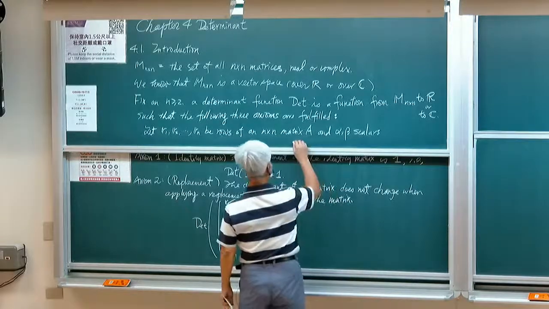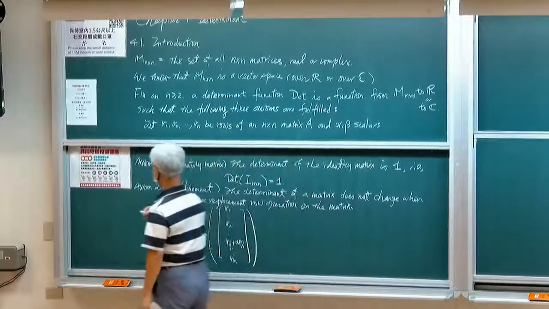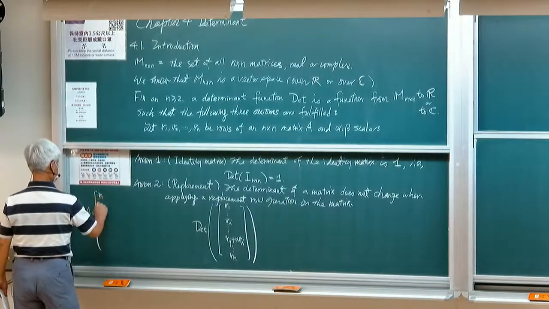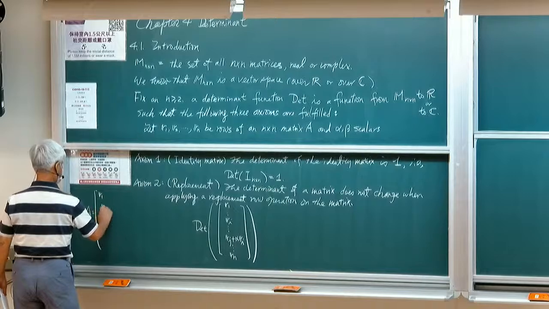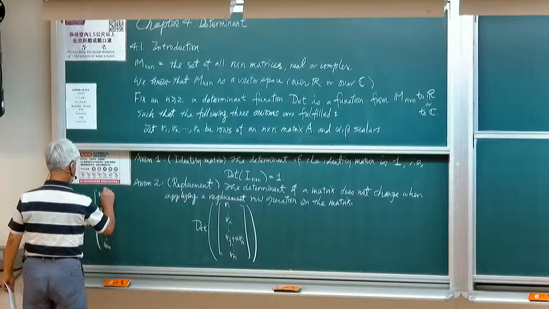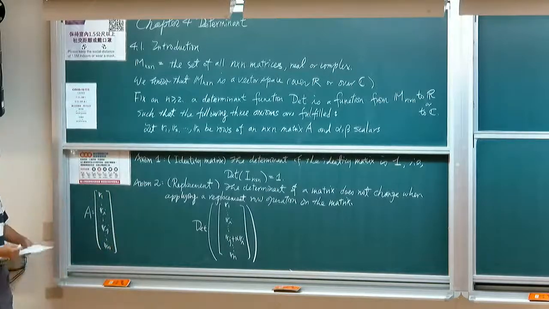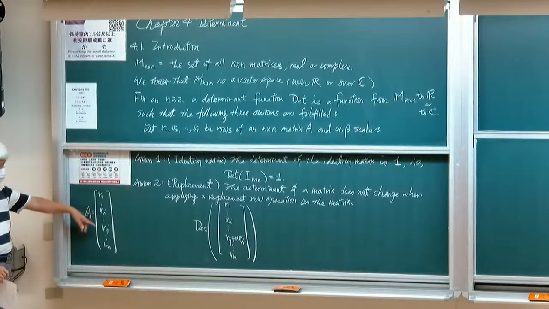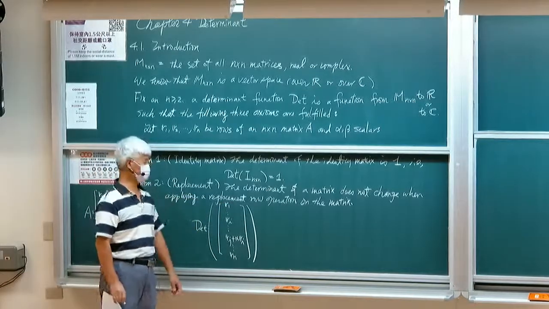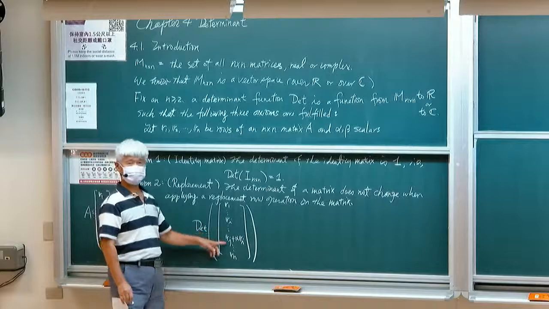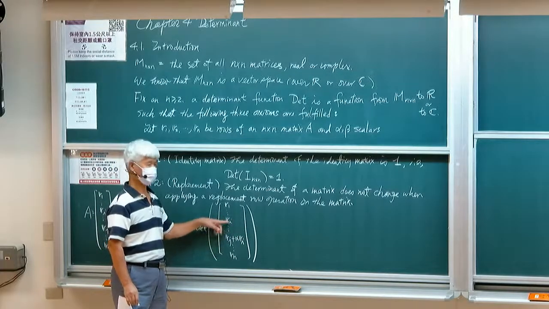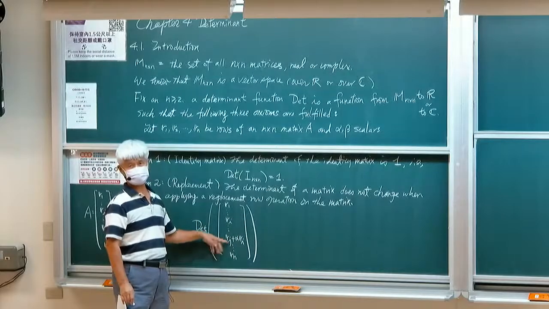Here A is given, and when we do the replacement row operation, we add a multiple of the ith row to the jth row.